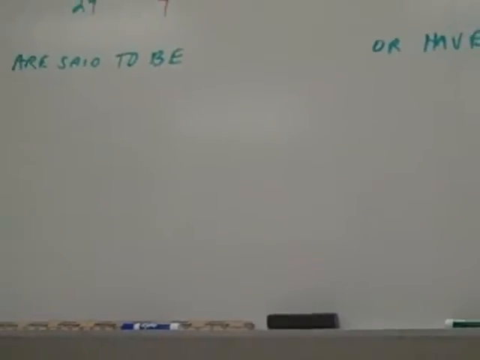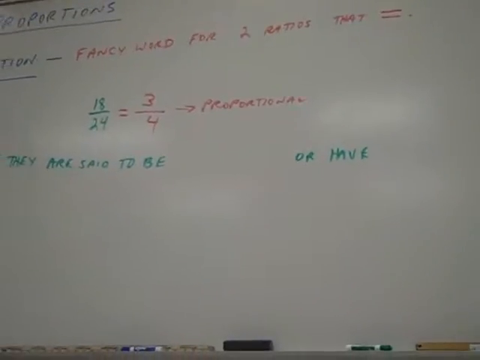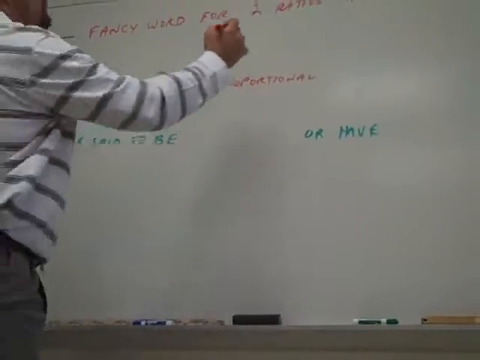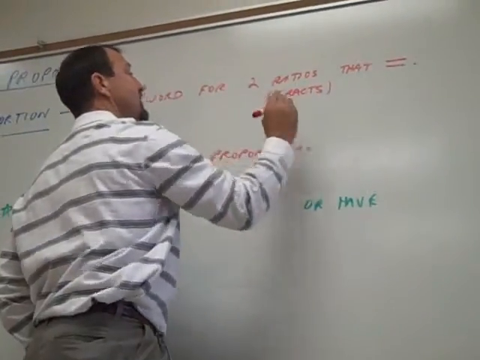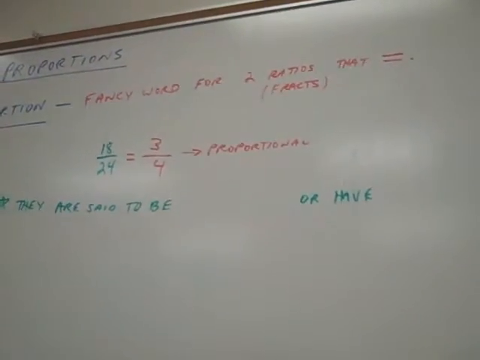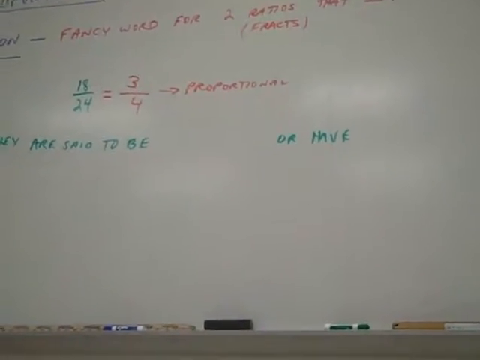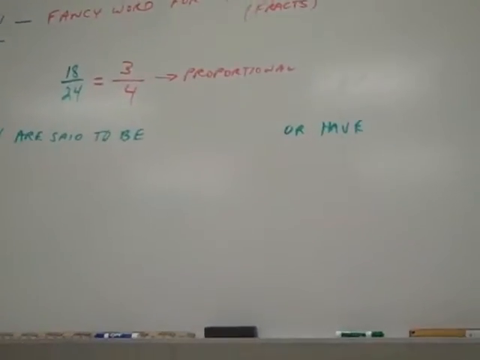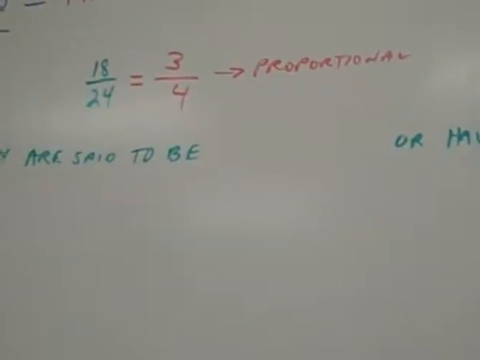Because there are two ratios that are equal. And of course, the most common form of ratios are what, y'all? Fractions. Yeah, fractions. The most common form of ratio is a fraction. So, proportion is a fancy word for two ratios that are equal.